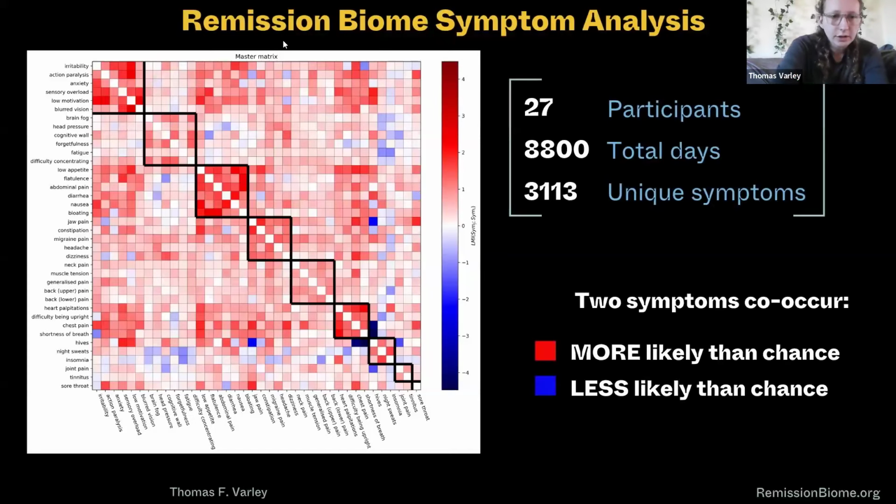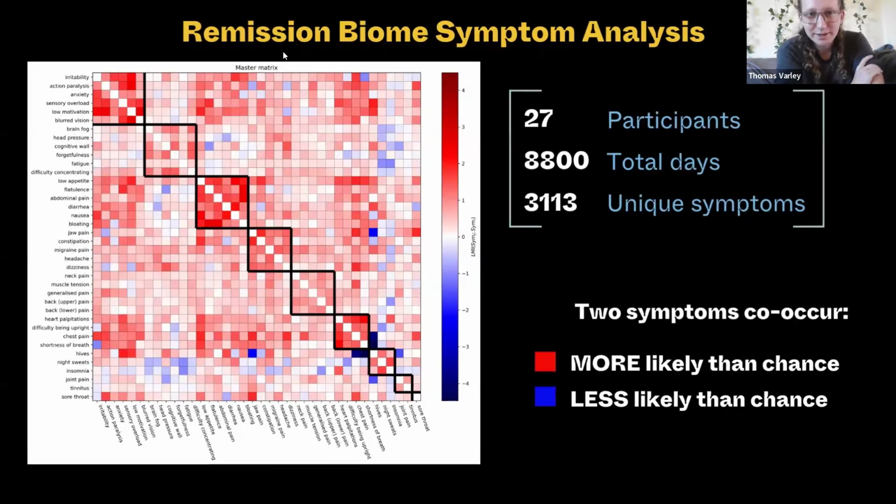Yeah, question. Okay, so some of you have probably seen this before. If you're on the data team, obviously you've seen this a bunch. And if you follow Renegade Research or Remission Biome on Twitter, I think it's really important to share this in the R50 meeting because this is your data. I got Bearable data from 27 participants who have been diligently recording their symptoms, their energy, their emotional state, and their medications or supplements, 3 times a day, every day for months on end.